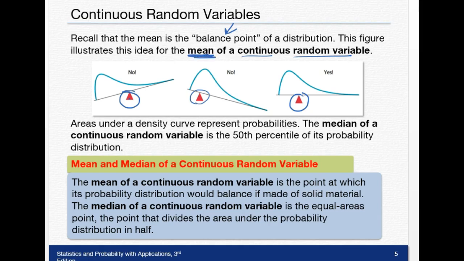The median of a continuous random variable is the 50th percentile of the probability distribution. It's like half and half. Where would you split the distribution half and half? So write these definitions down for me. Balance point is the mean, and cutting the distribution in half is your median.